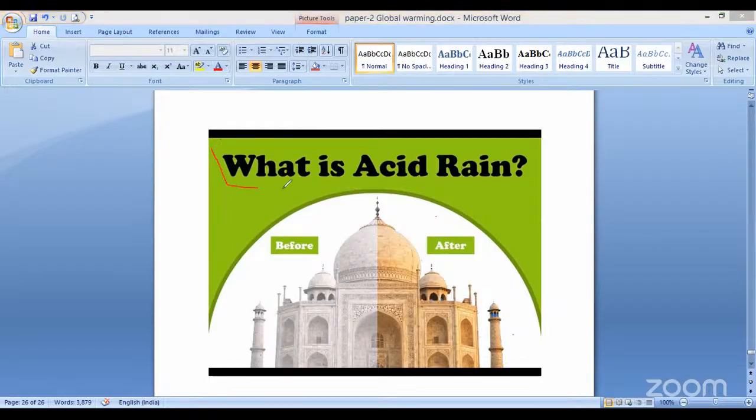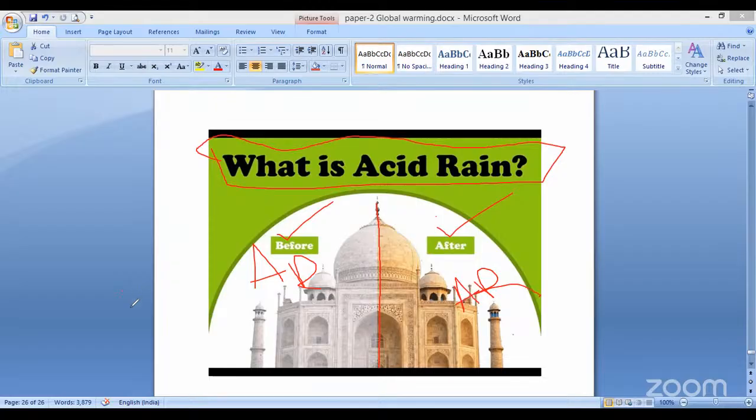Already we know what acid rain is. For the last 45 minutes, we have been on this topic only. How acid rain can affect our monuments: here I just drew a line on this picture. This is before the acid rains, this is after the acid rains.